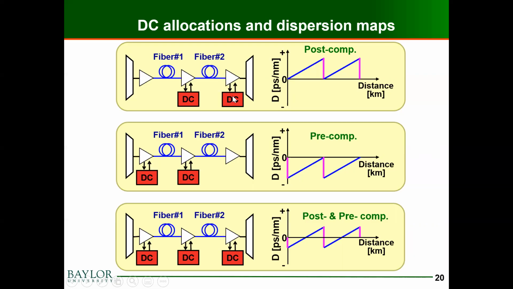This will be Waco. We add the dispersion compensator, right? Now we can see what the dispersion is. They add more and more, and then you compensate, and then your dispersion continues going up and up, and then is compensated, right? Okay?